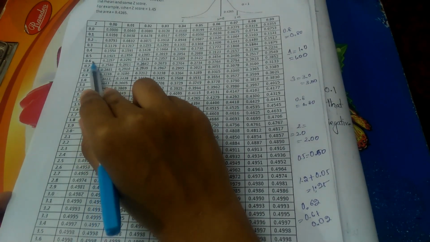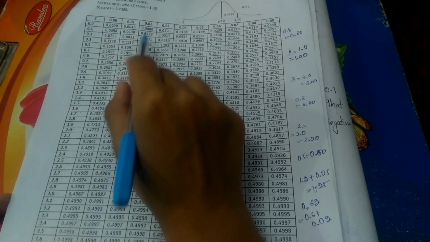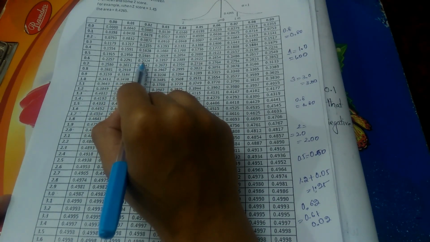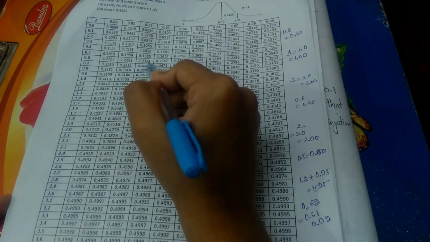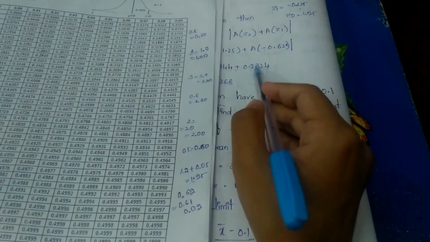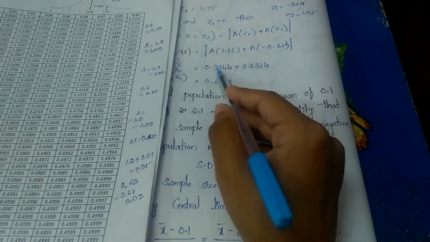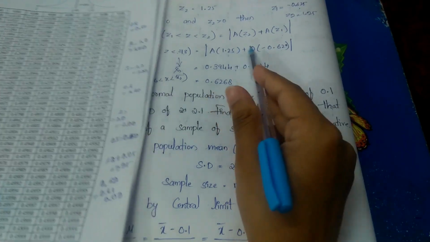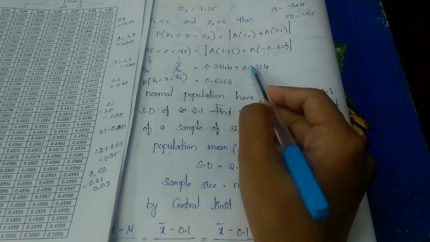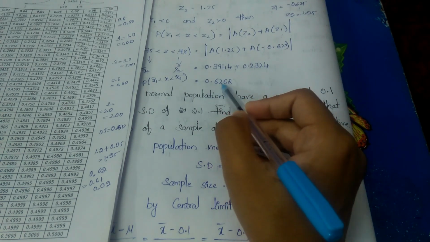From here it is 0.6 and this is 0.02. So this value is 0.2324. This is the area when the z score is 0.62. Now we got the areas for the respective z scores. So when I add these two areas, I get 0.6268.